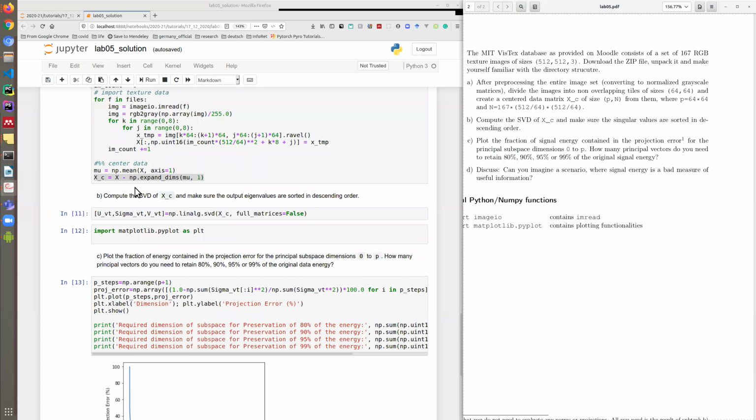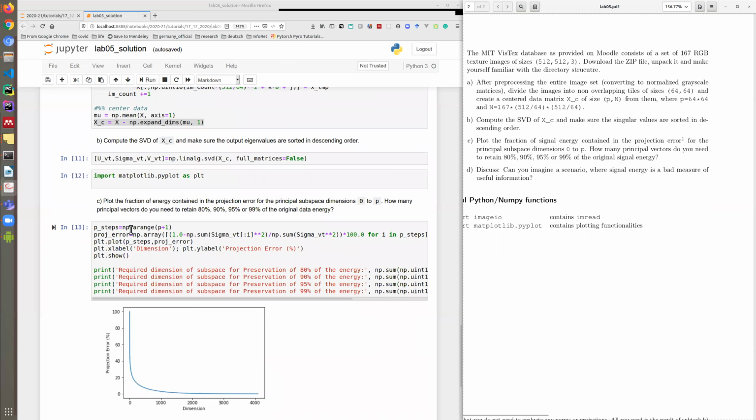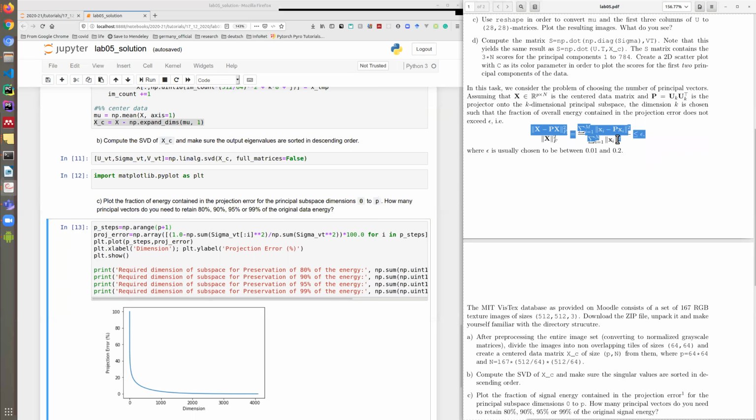So for that, we have a 64 by 64 dimensional image. 64 into 64 is 4096, and then we define a range from 0 to 4096. We use +1 because we want to go till the last dimension. And then we calculate the projection error as was defined in this part of the PDF.